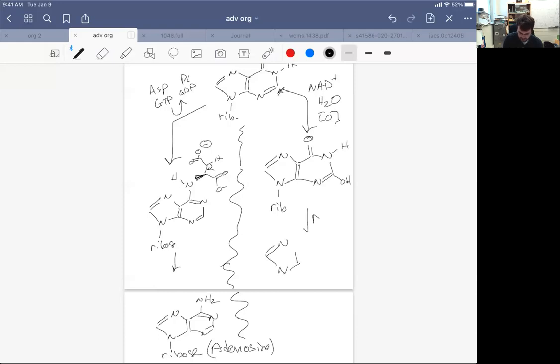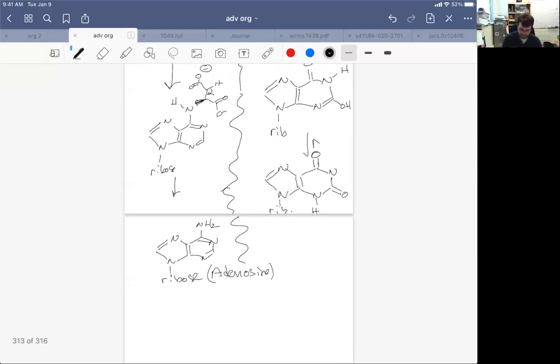And then with that carbonyl, we're going to do the same reaction that we've done a few times now, where we convert that to an iminophosphate. Sneak by adenosine here.